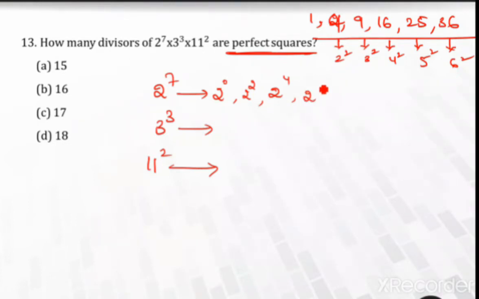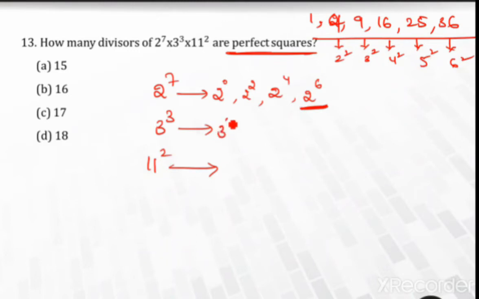Now what about 2 power 6? 64. 64 is a perfect square of 8. Correct. 8 square is 64. 2 power 6 is 64.